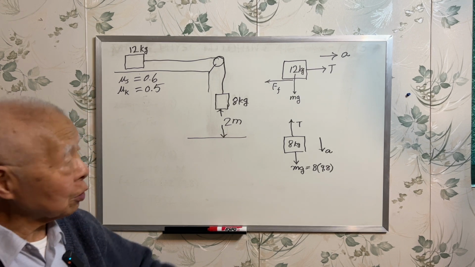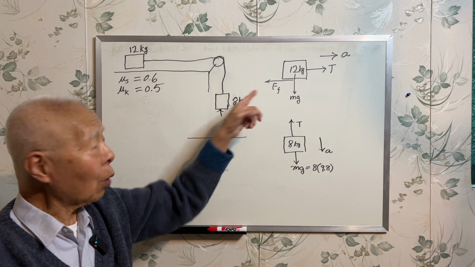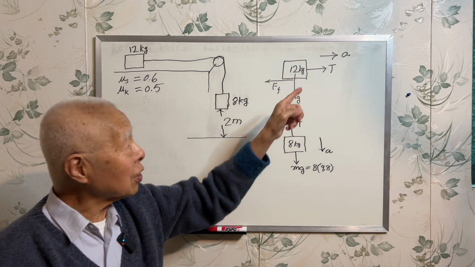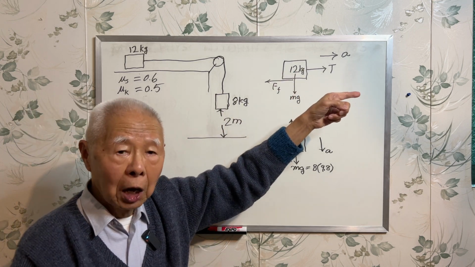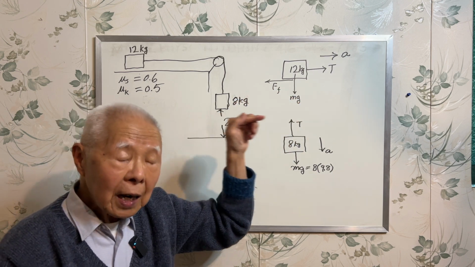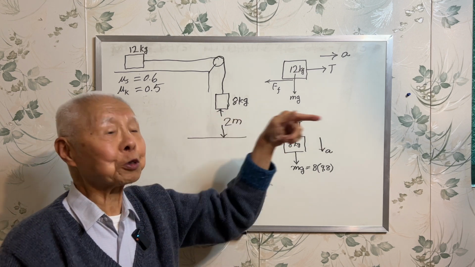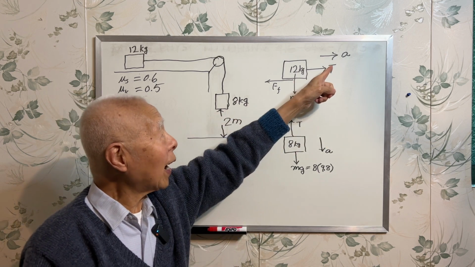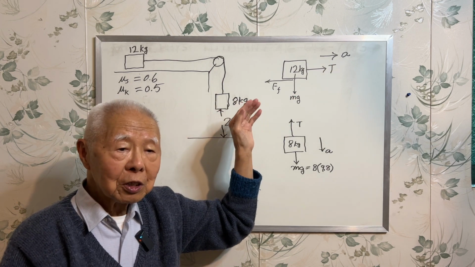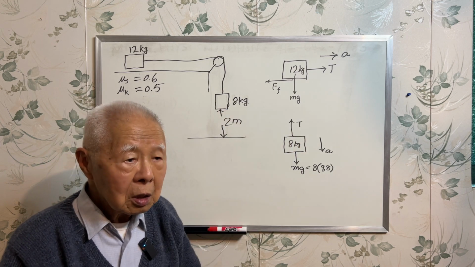What is the net force? I have two forces. Well, you can say you have three forces. But the acceleration is to the right-hand side. So Newton's law is only along the x-axis, or horizontal. Acceleration is horizontal. I only need the second law in the horizontal direction.